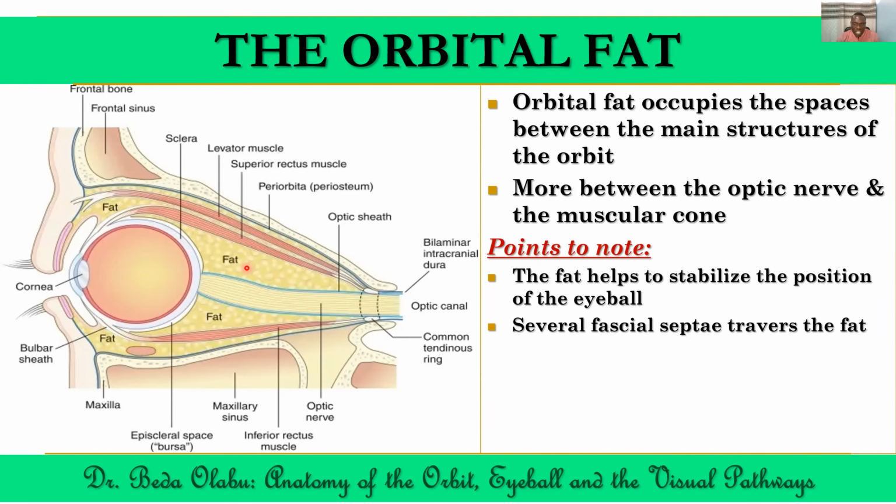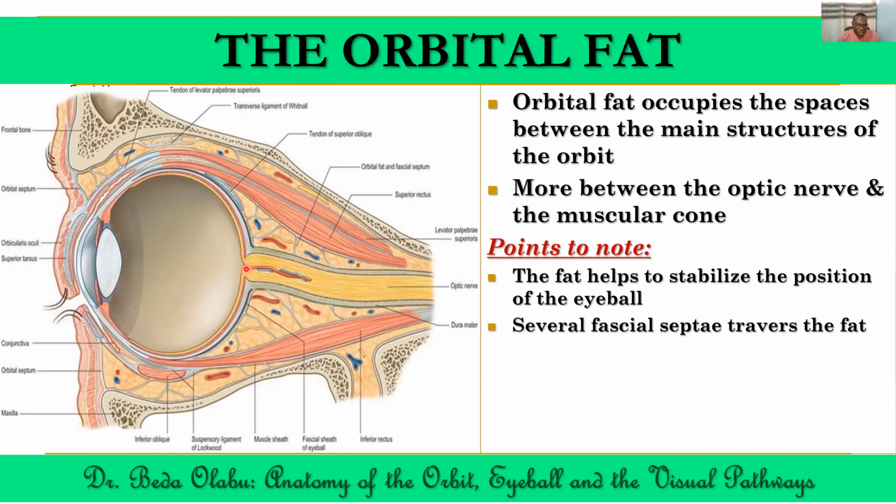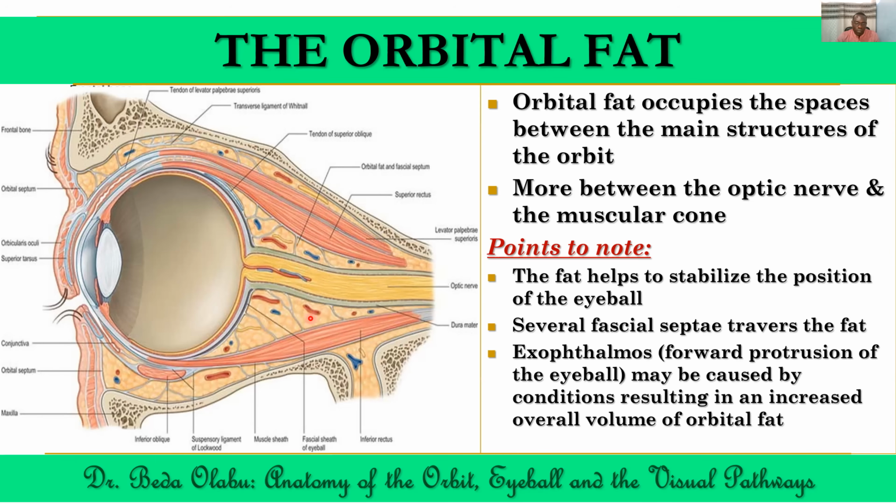There are a lot of septa that go through the fat though, like this one. They just traverse the fat, and so put the fat into even more tiny compartments. If there was to be a pathology that causes an increase in the volume of intraorbital fat, such pathology will force the eyeball to be pushed out a bit, and that's what we call exophthalmos.